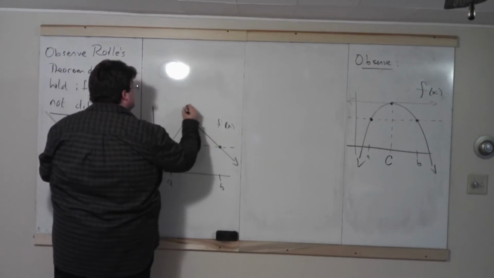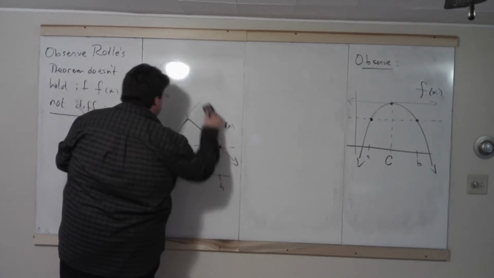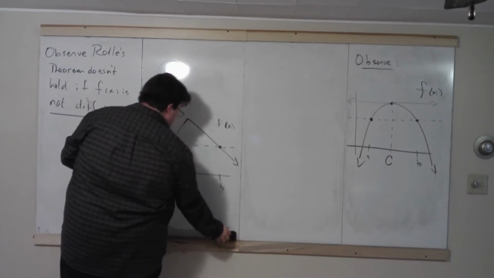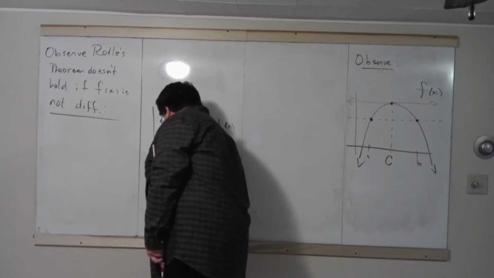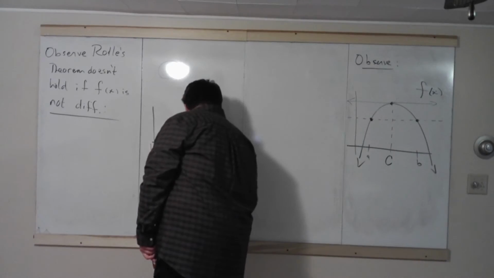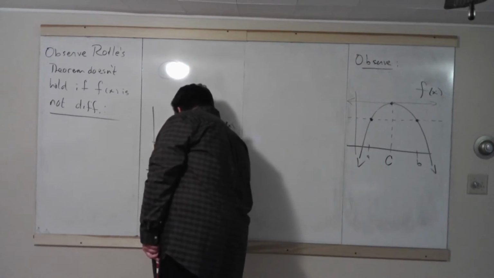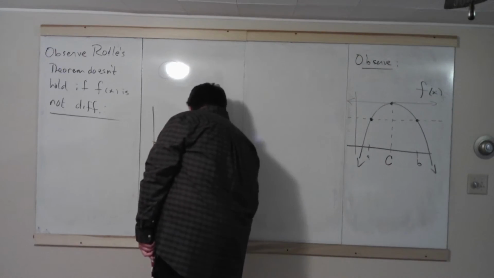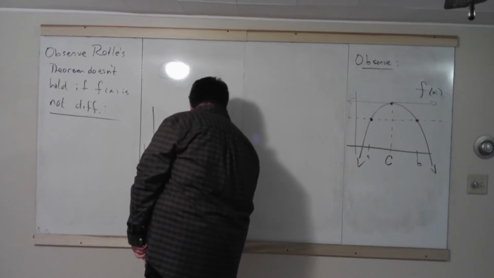Let's write it like this. Let's just say there's no value in a to b with f prime, I'll just say where the derivative is.